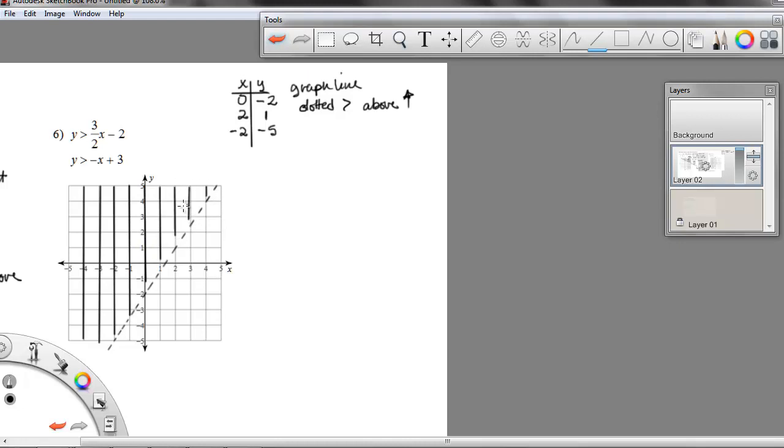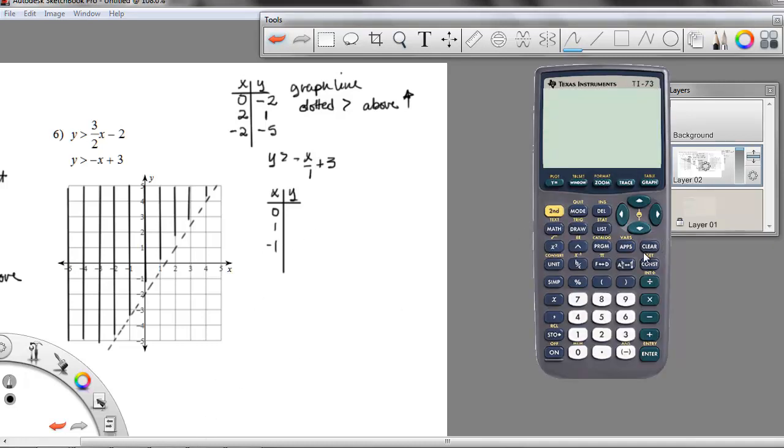Alright, very good. Now let's graph our second line, and I'm going to do this in red to make it show up a little bit better. So y is greater than negative x plus 3. My denominator on this is 1. So for my x values, 0 for the first one, 1 for the second one, and negative 1 for the third one.